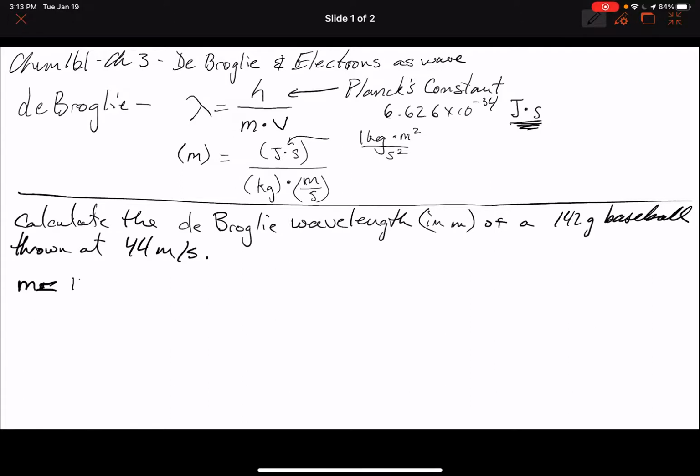So we're going to take the 142 grams and first convert this into kilograms. So 1 kilogram is 1,000 grams, and this is going to give us the mass as 0.142 kilograms. Better ready for the equation above. Okay. So with that, I think we can use the equation now.